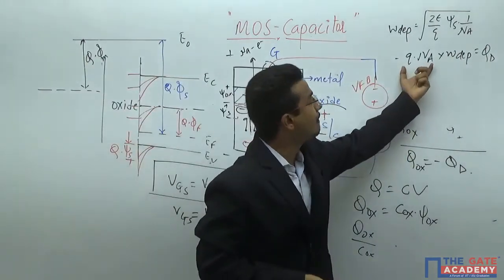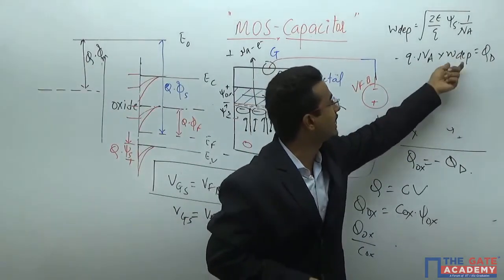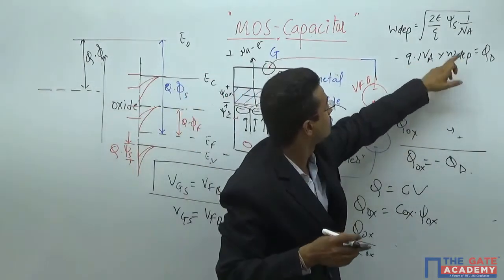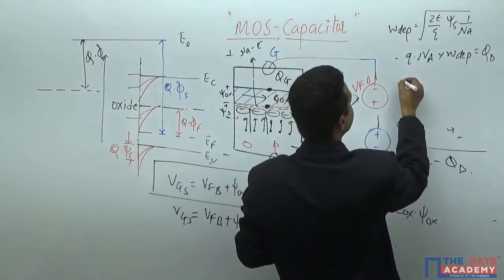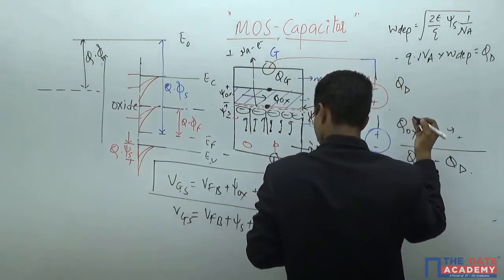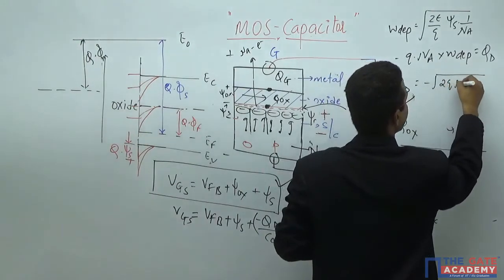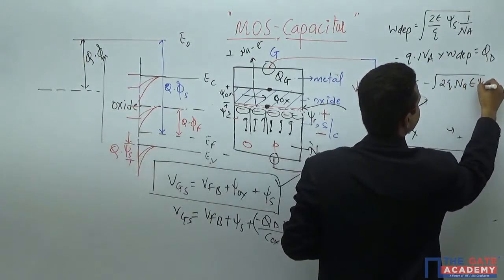This is a volumetric charge density, and you have multiplied by one dimension, so this becomes per unit area. So QD equals minus root over 2Q NA epsilon times psi S.